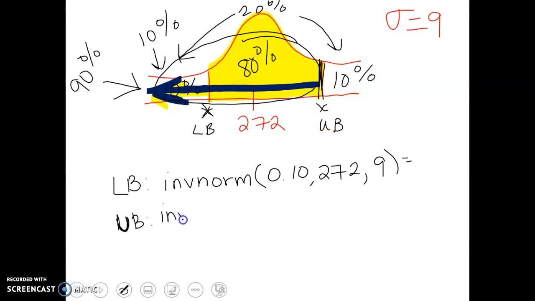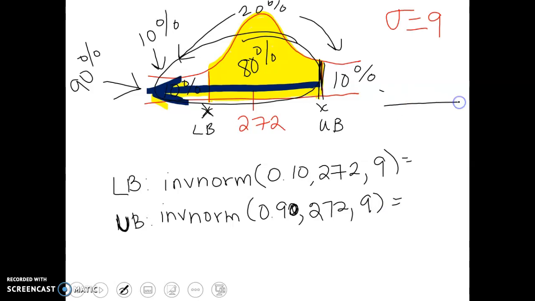So we would do Inv Norm of 0.90, 272, 9. The other way to look at it is, if I know that the area up here is 10%, then you could use the complement and the fact that the entire thing is 100%. 100 minus 10% is 90% that way as well. But at any rate, the upper boundary is Inv Norm of 0.90, 272, 9.